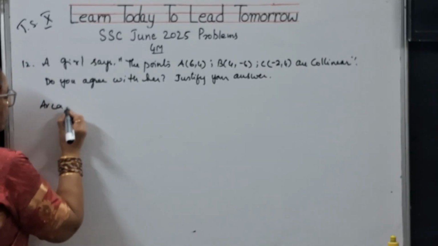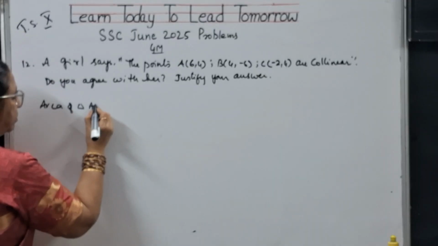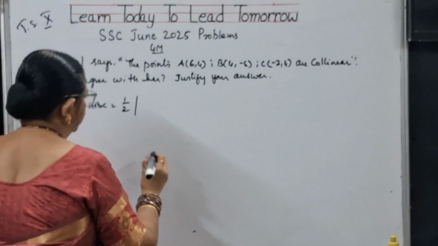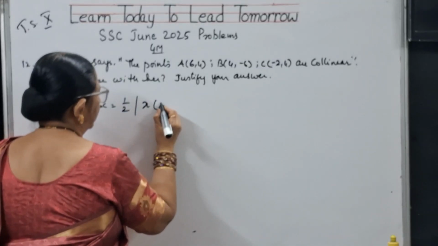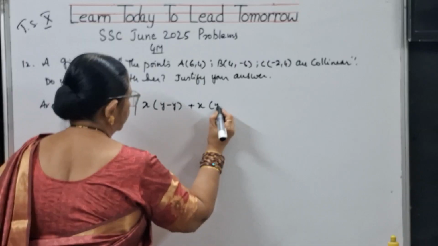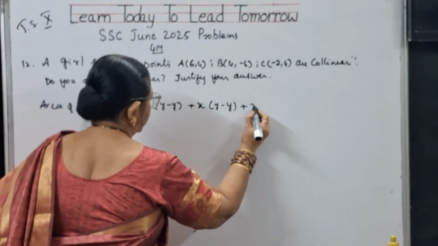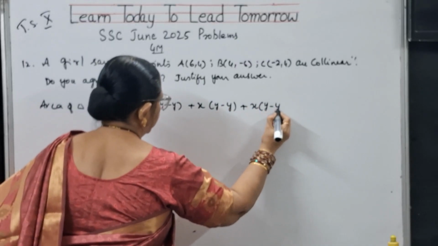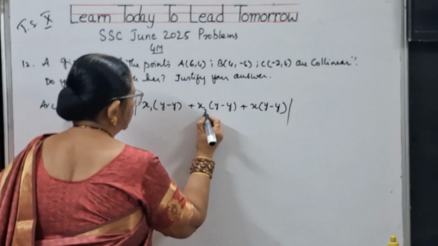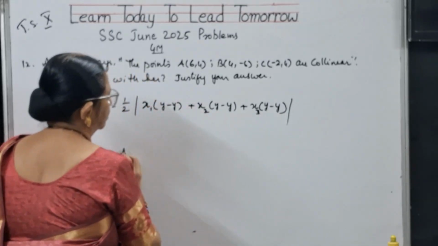So let me write the area of triangle ABC formula. It is half modulus. I told you earlier also, children, an easy way of remembering: x1 into y2 minus y3 plus x2 into y3 minus y1 plus x3 into y1 minus y2. 3 times you will write between the modulus. Put 1, 2, 3 numbers for x.